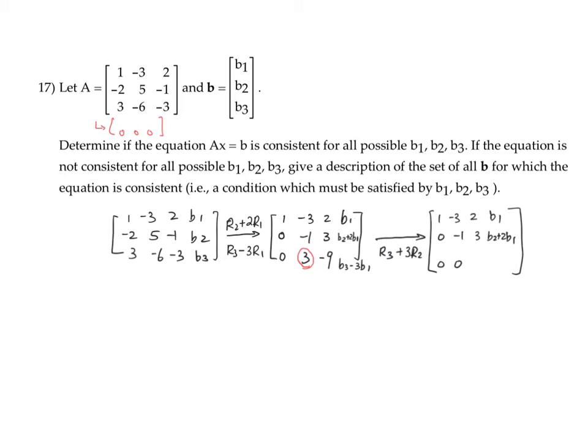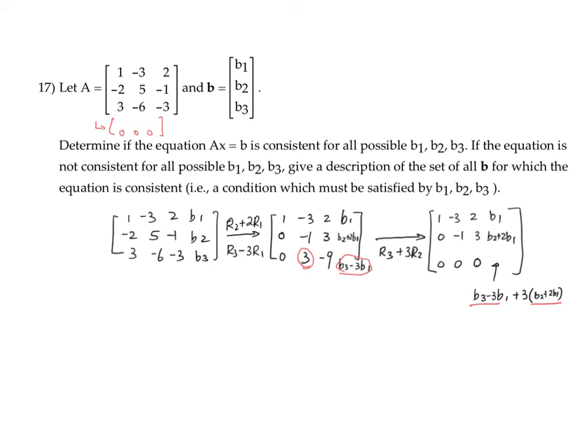So it's going to be 0. And then the last entry, I need more space. It's going to be b3 minus 3b1 plus 3 times b2 plus 2b1. This is the original entry, and we need to add 3 times row 2. Now, in order for this to be consistent, you must let this be 0.